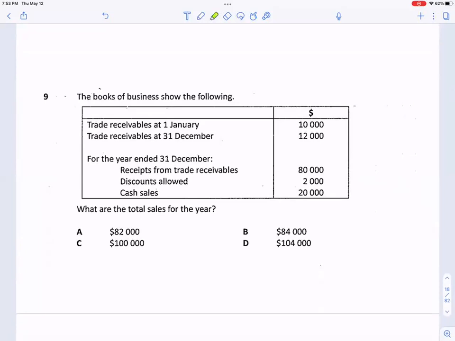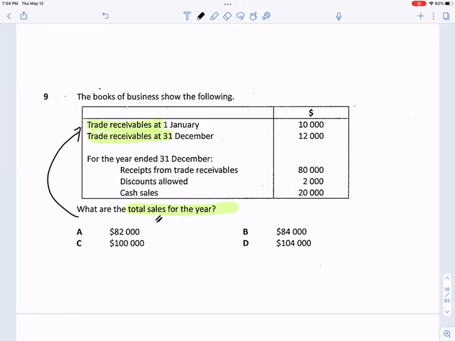What are they asking you to find in this question? Total sales. And they've given you information related to what? Trade receivables. So if you want to find sales with the help of trade receivables, which account do you make?